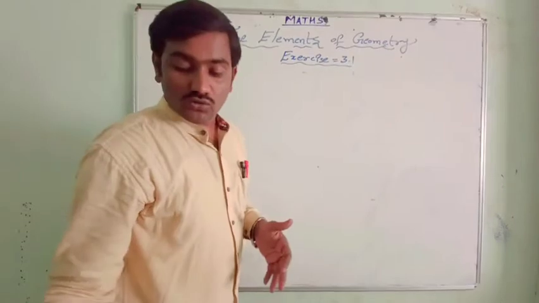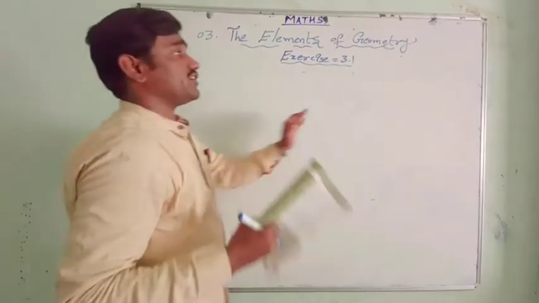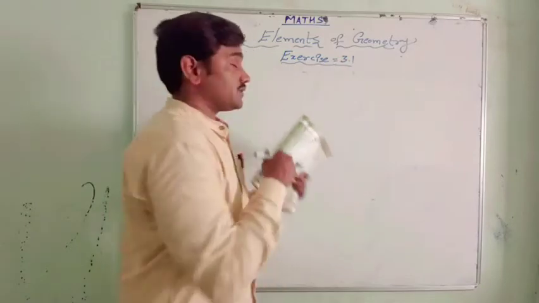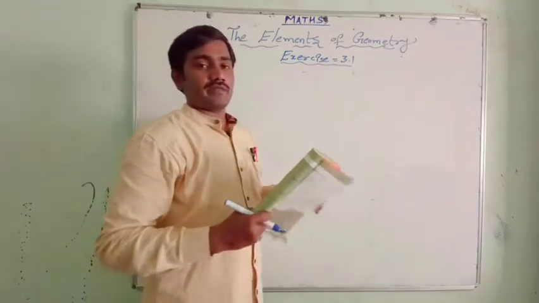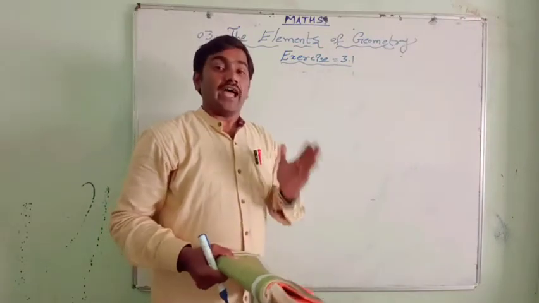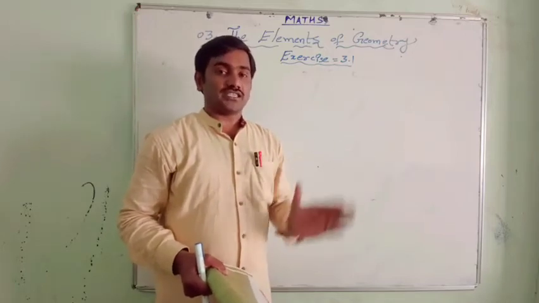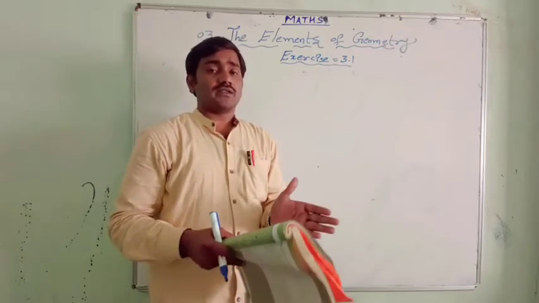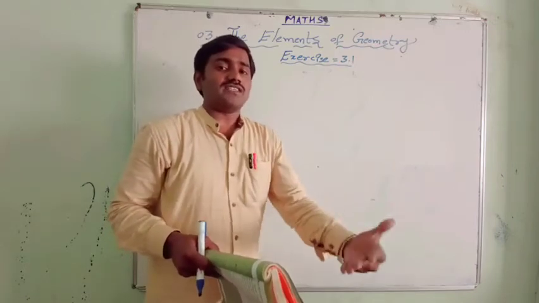I'll go for the 6th question. This 6th question I have also explained in the previous introduction about the elements of geometry. In my previous video I explained what a conjecture is. Statements which are neither proved nor disproved are called conjectures. The outcomes of mathematicians' inventions will always be conjectures until proved.